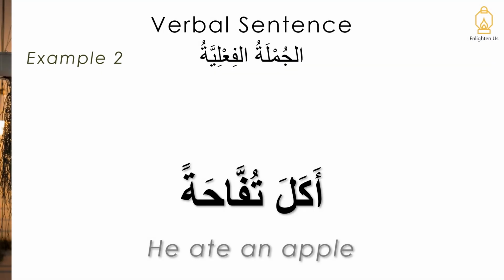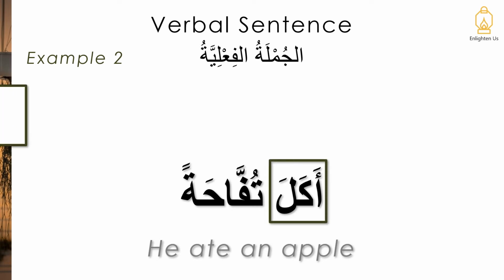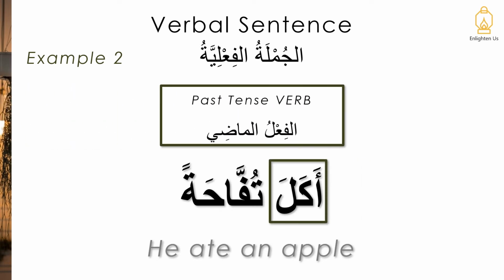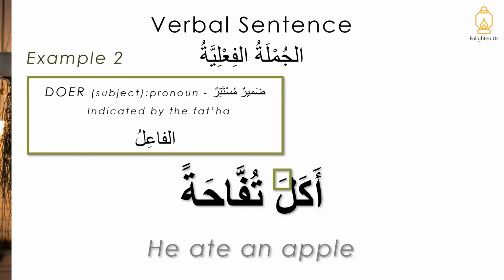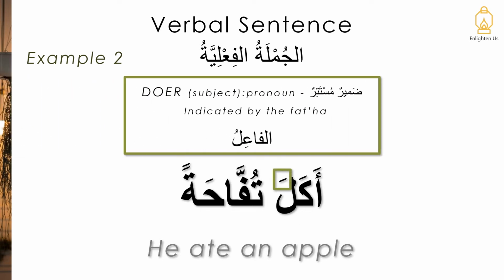Example number 2. Akala tufaha. He ate an apple. Again, akala serves as our verb, it serves as our fi'l. This gets a little bit interesting now because our fa'il, our doer, is actually denoted by this fatha here, which tells us that this is he ate.